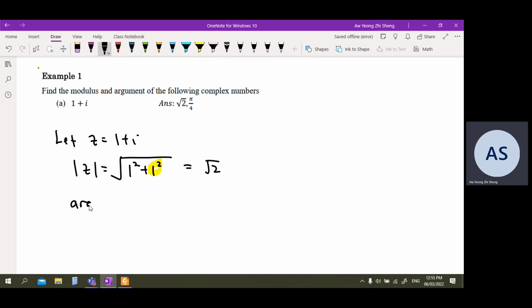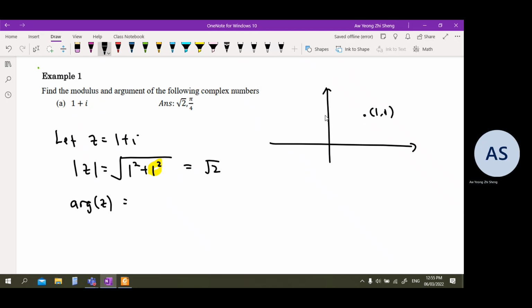Then the argument of z. It will be helpful to visualize the point representation. The point will be (1, 1) in quadrant 1. If it's in quadrant 1, to get the argument, you just take the basic angle.